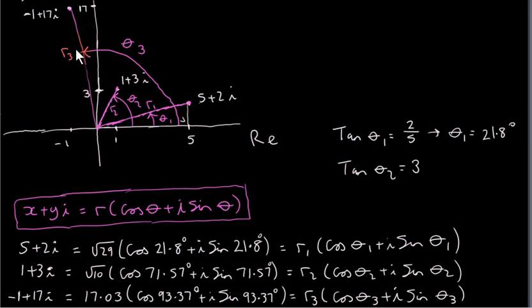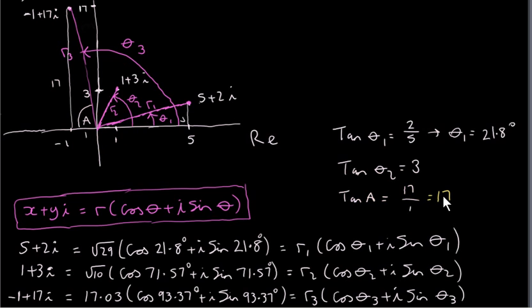Now what about theta 3? You can see that theta 3 is an obtuse angle. It's an angle between 90 degrees and 180 degrees. How do we find that angle? Well, you could start by finding this angle in here. So in this right angle triangle, you can see that the tan of A is the side opposite A, which is 17 units long, divided by the side adjacent A, which is 1 unit long.